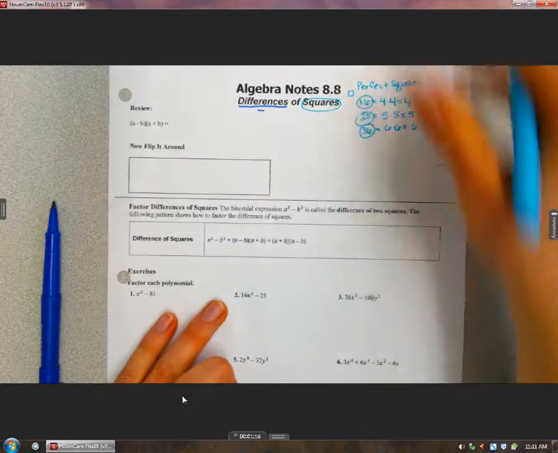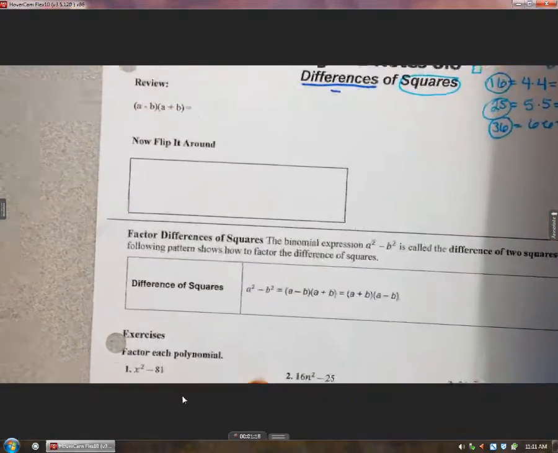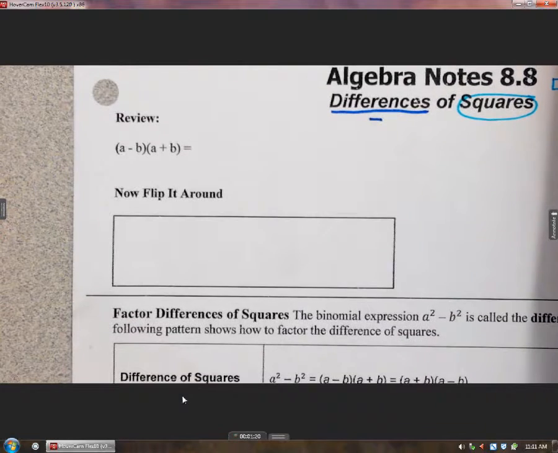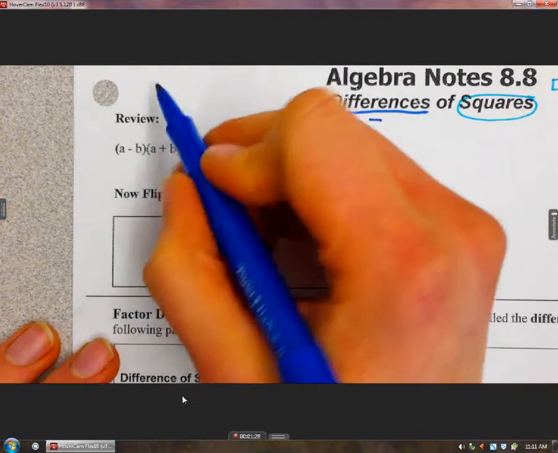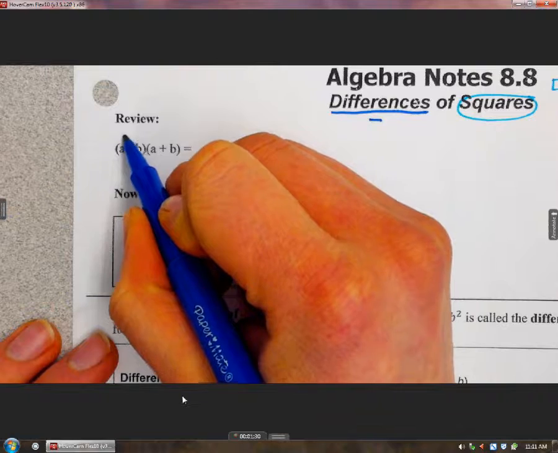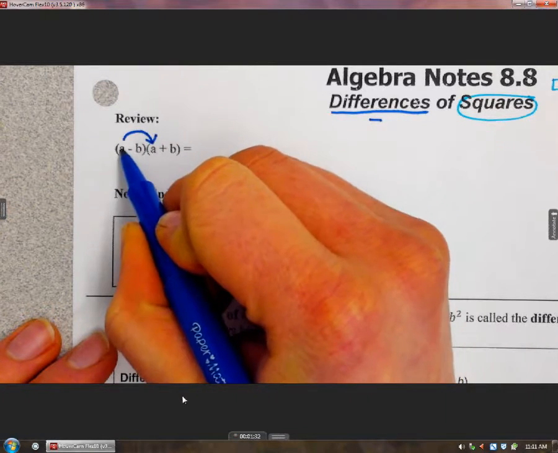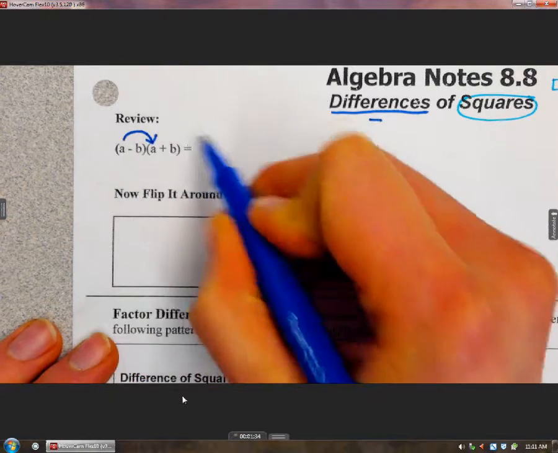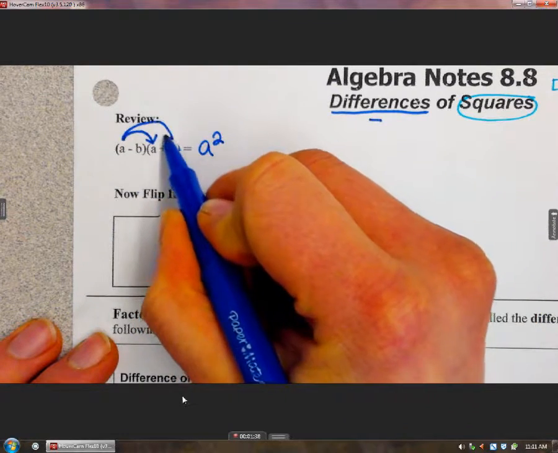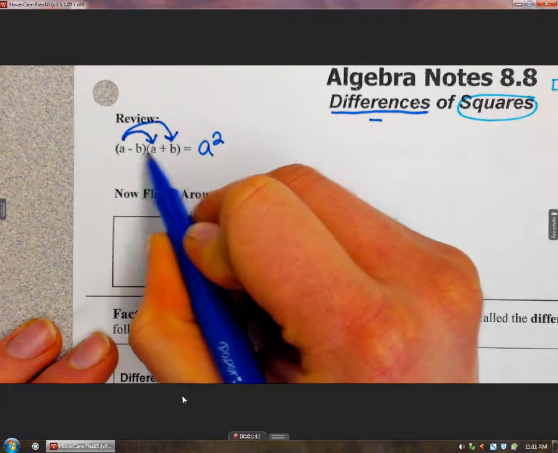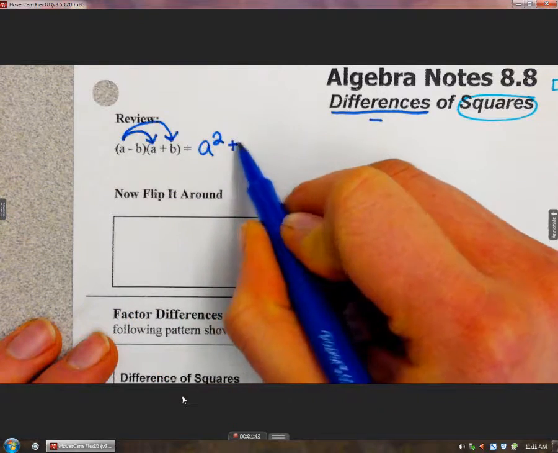Before we get into that, I'm going to zoom in here so you can see this a little better. Over here on the review section, I want you to fill this out. If you remember, we've done something called FOIL in the past. My math teachers hated the word FOIL. But the FOIL method, or the distribution method, is where you're multiplying a times a, which is a squared, a times b. Notice this is a times positive b, so this will be plus ab.